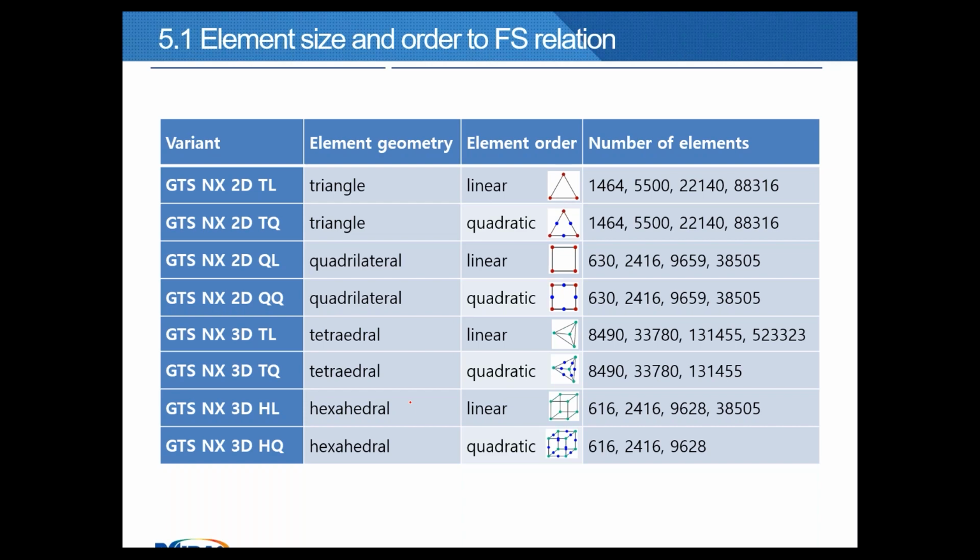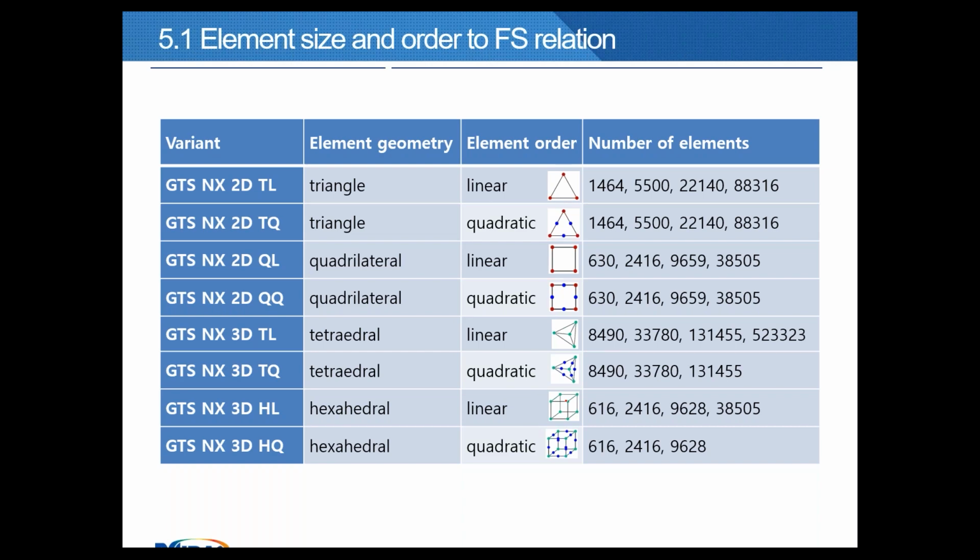These calculations were made also for linear shape function of elements and quadratic shape function of elements. So we can see here 8 types of elements I've made this calculation for.